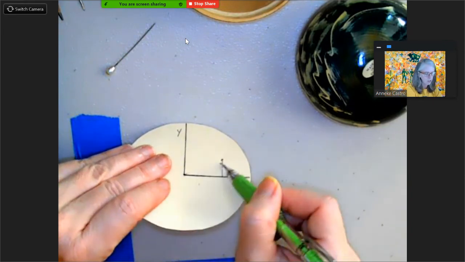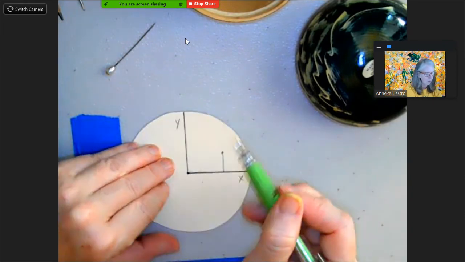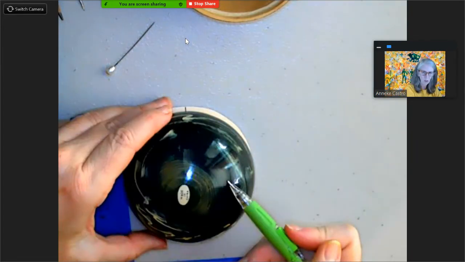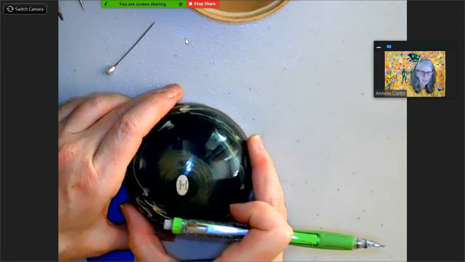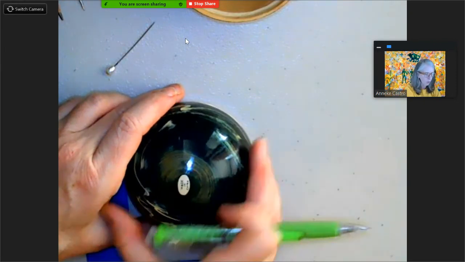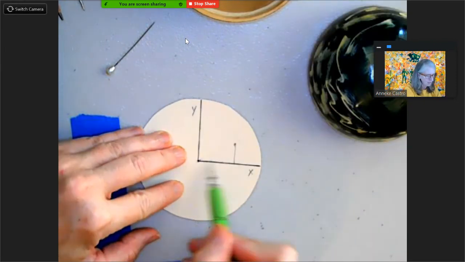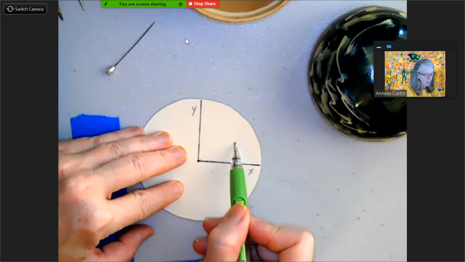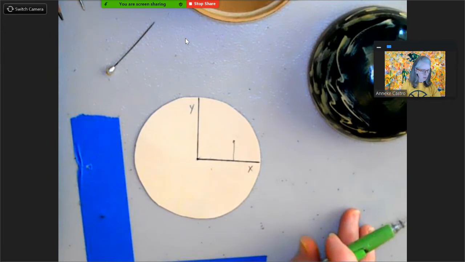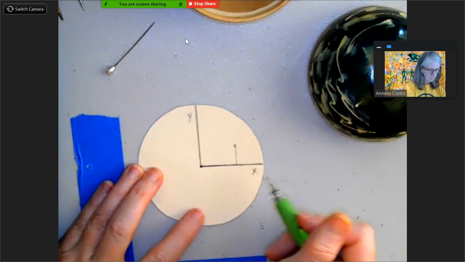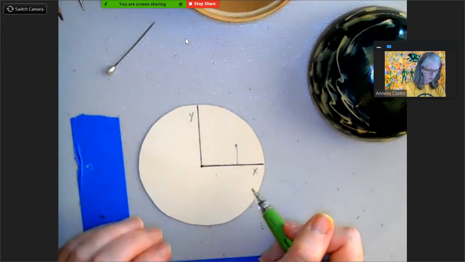You're going to need some underground tunnels in order to follow your coordinates. So X this way, Y that way, and then straight up so that you pop out on the surface of the Earth. So what does this have to do with latitude and longitude?